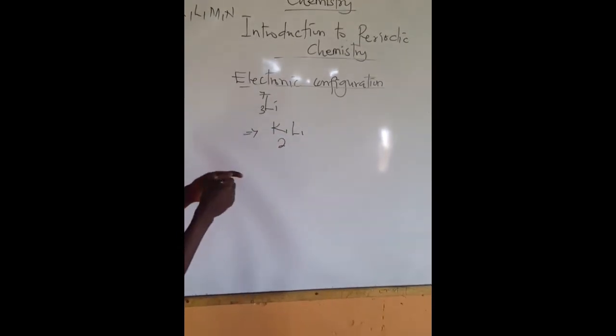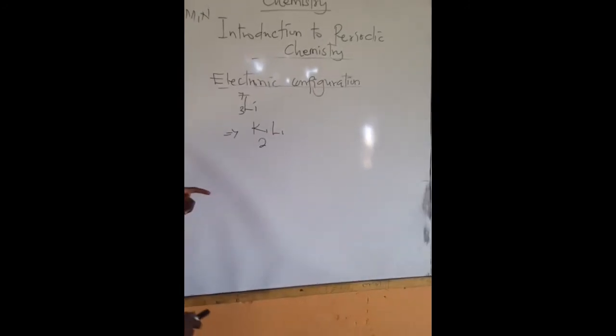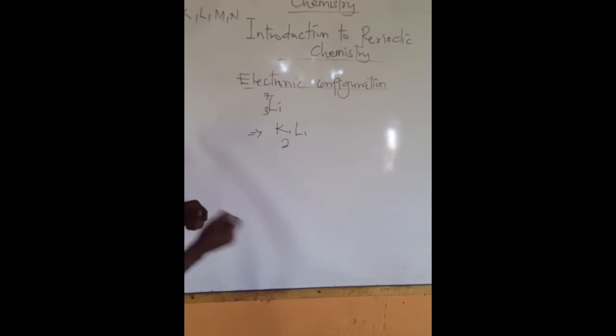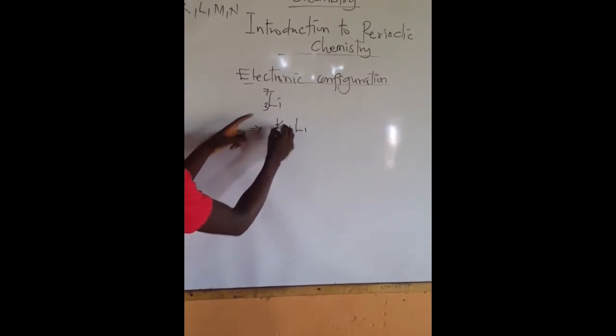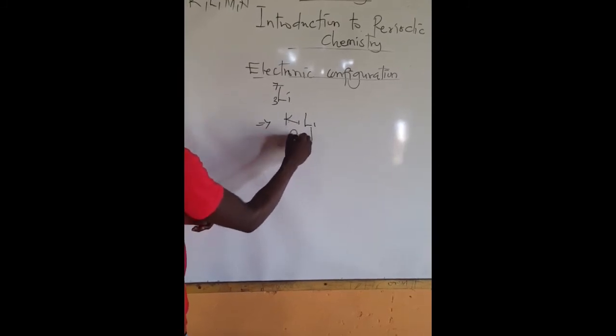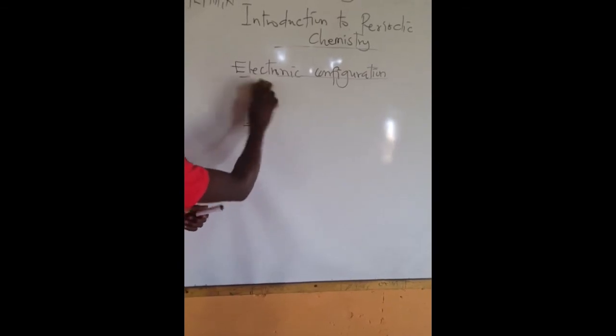So we are saying that you write the number against the shell, then you separate it with a comma. So 2 electrons for K, then 1 electron for L, and these 2 numbers you separate with a comma.